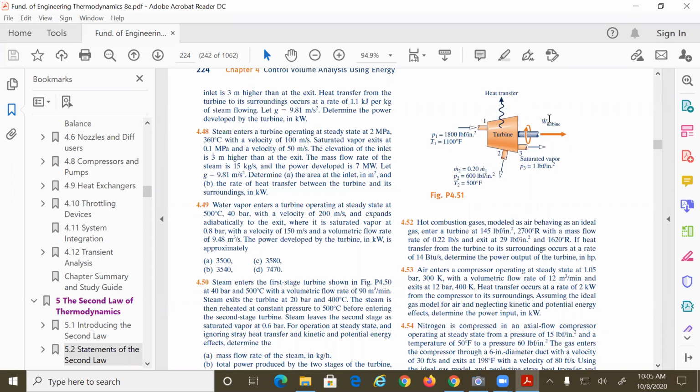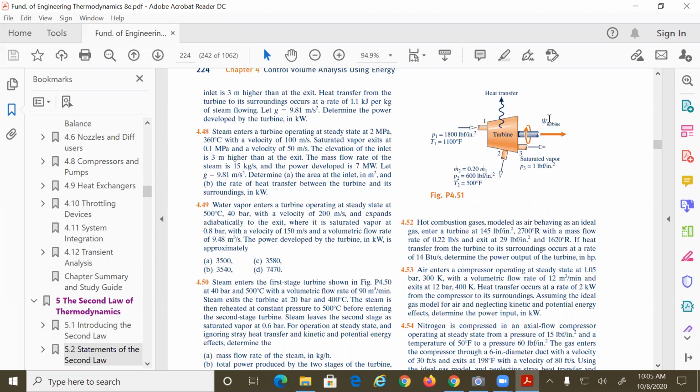So we know P1 is 1800 psi and T1 is 1100 Fahrenheit.